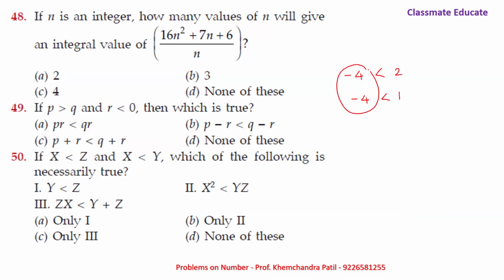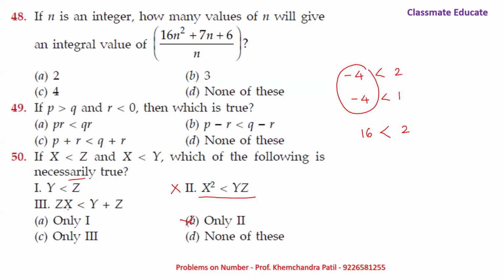If I take the product of this, it is 16, and the product of this will be 2. Is 16 less than 2? No, it is not. So this is also not true in any situation. Okay, it is not true in all situations, and it was said necessarily true. So this is also not possible.